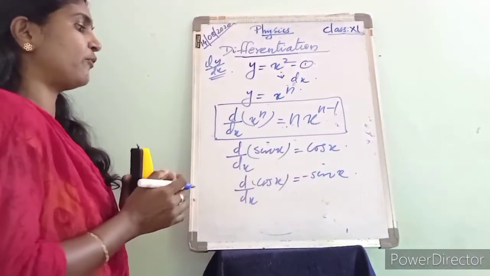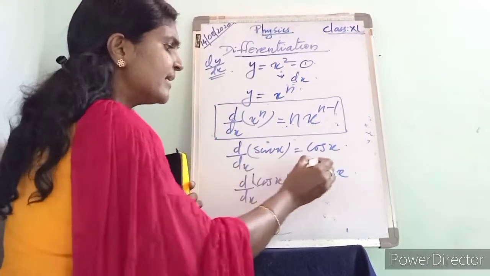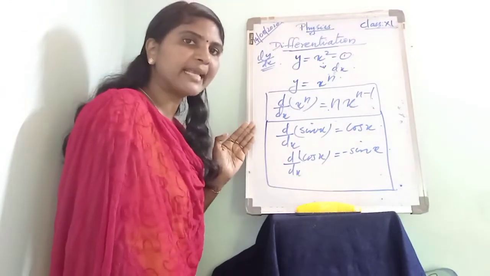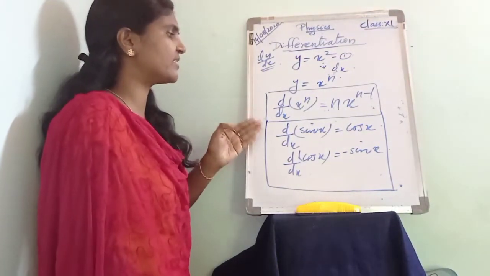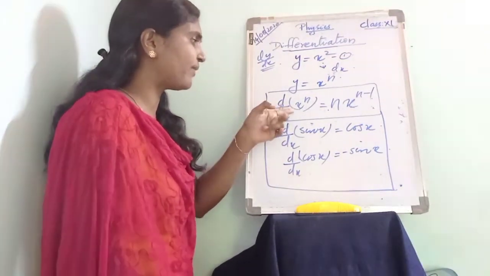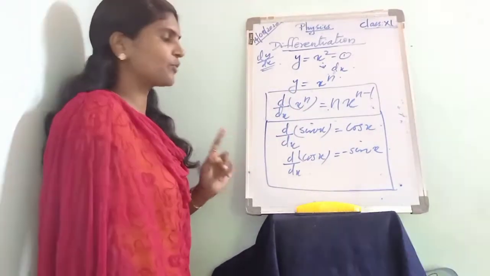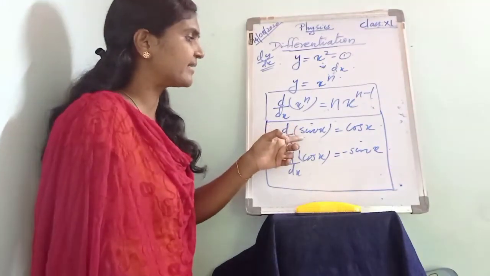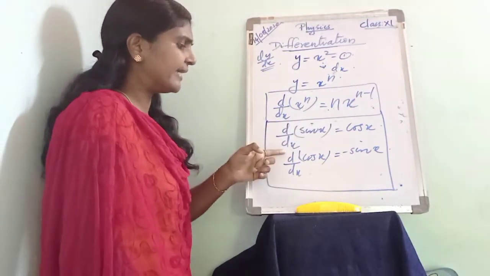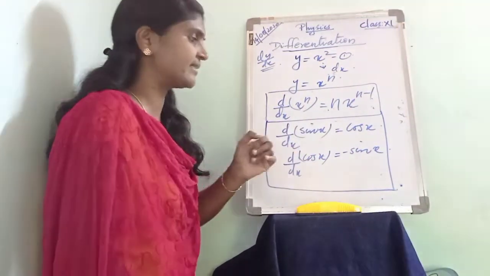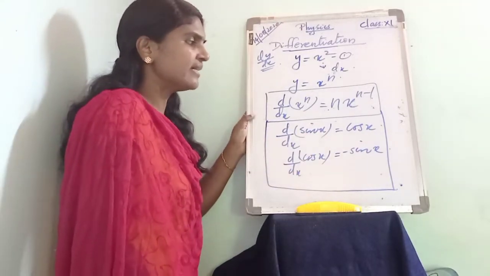So we have three equations in differentiation: d by dx of x raised to n equal to n into x raised to n minus 1, then d by dx of sin x equal to cos x, then d by dx of cos x equal to minus sin x.